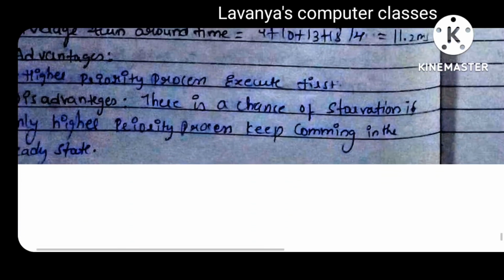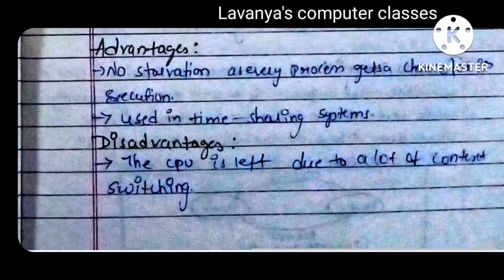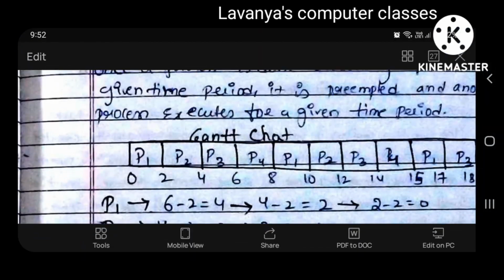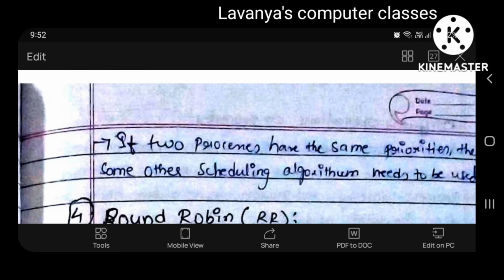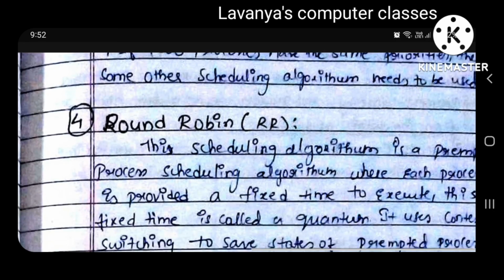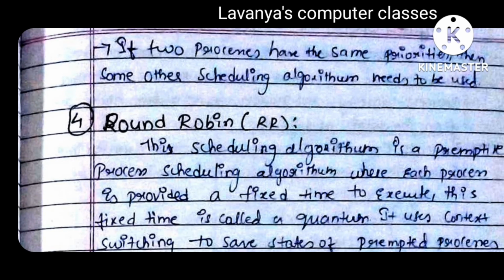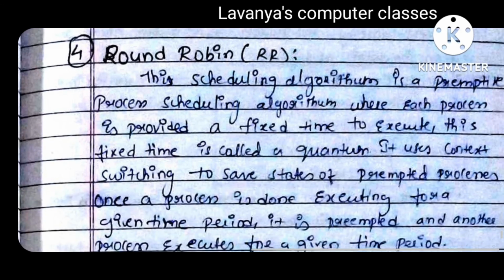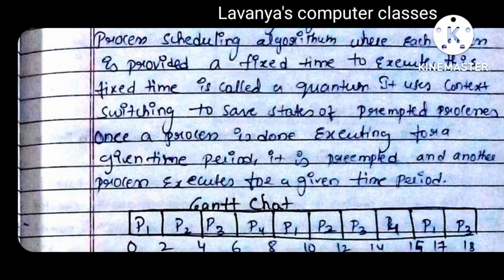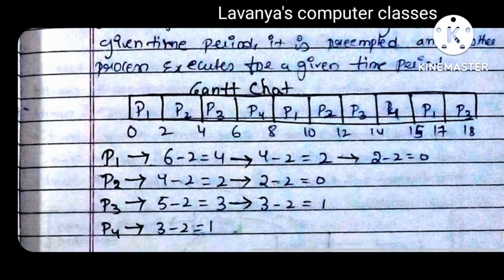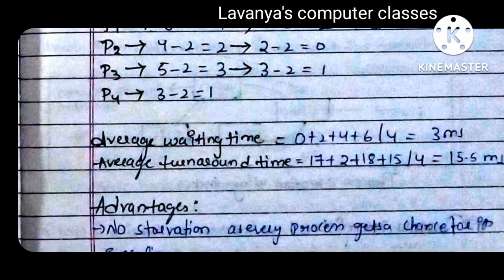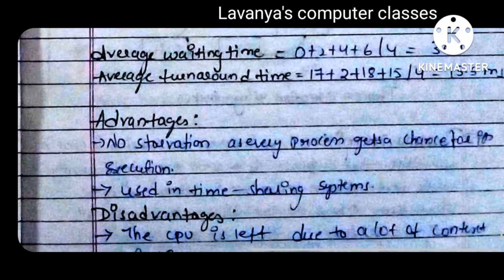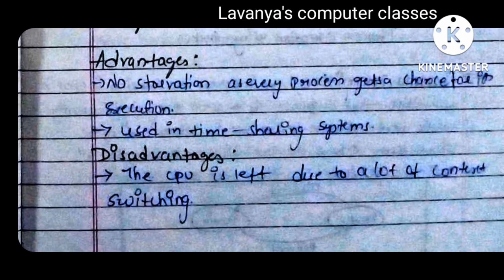Advantages and disadvantages. Next one is round robin algorithm. Example of round robin. Advantages and disadvantages of round robin algorithm.